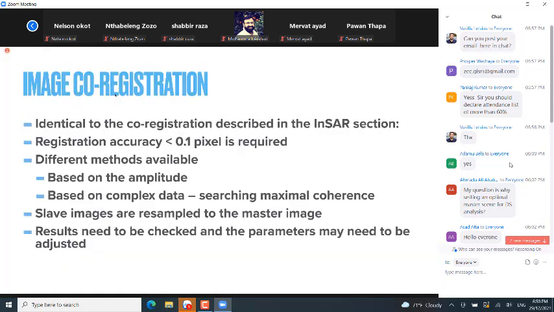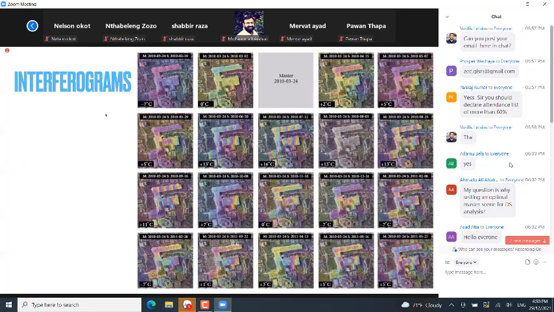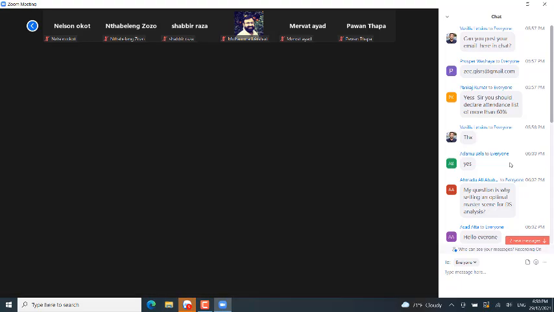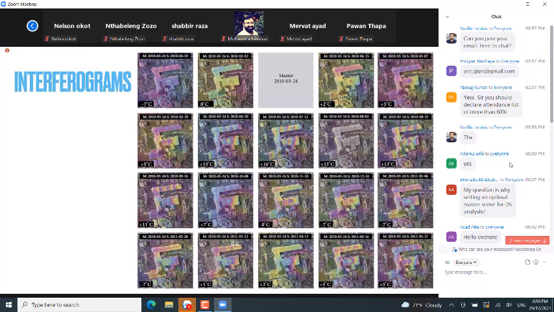I don't have that example image here, but we have it later. Actually, in that scene, the Las Vegas scene I also showed you before, where we look at the interferograms, co-registration problems can occur.